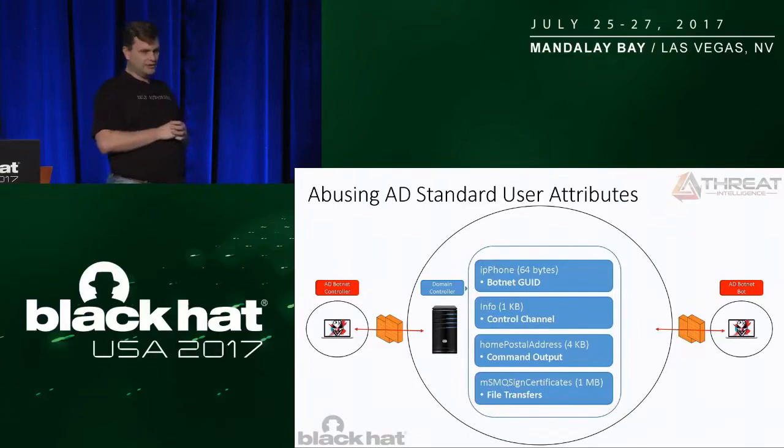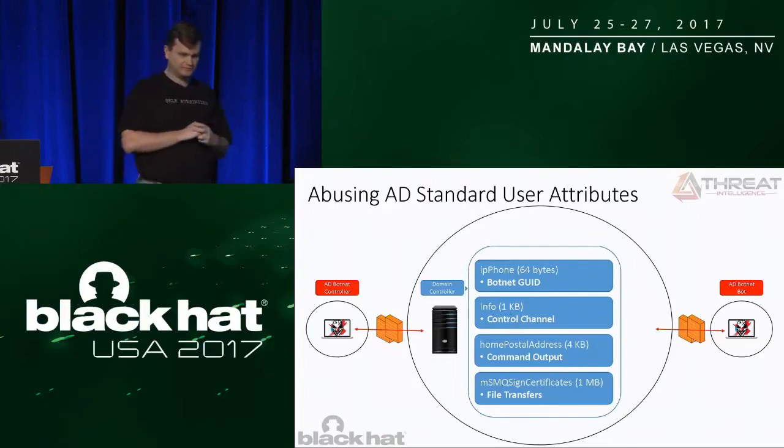What that means is that when we look at the botnet, we can scan the entire Active Directory for that GUID and look at only those systems in which that GUID matches the botnet GUID, and then we can track the nodes that we've got infected on the domain. And so then we know which ones we can establish commands and send data to, receive data from, start reverse shells, bind shells, all that sort of stuff.